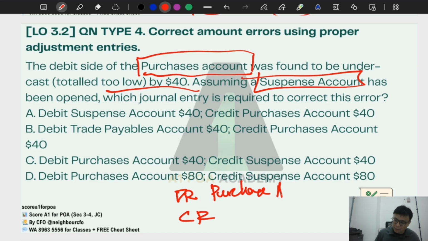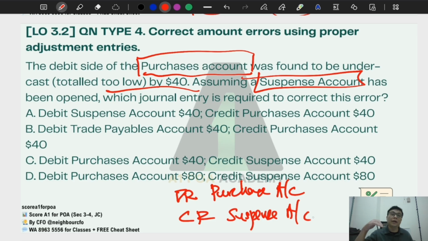And if we debit the purchases account, the flip side of it must be the suspense account, right? Because purchases itself is of a debit nature. And therefore, when we look at A, B, C, D, let us eliminate those options that are very clearly wrong.